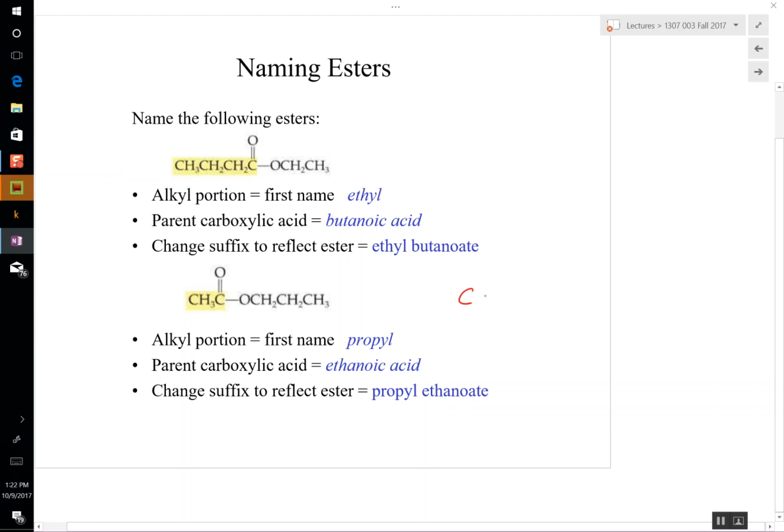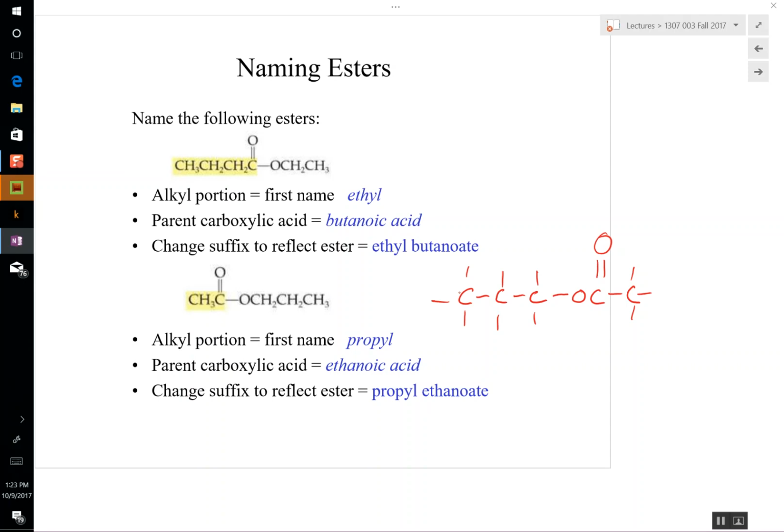even if I drew it this way, you can see I've always been saying, okay, we've got the ethyl.